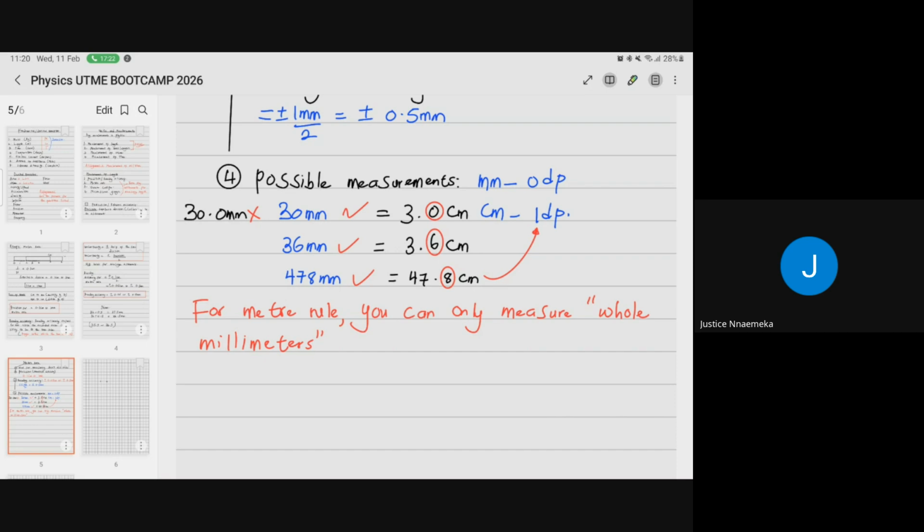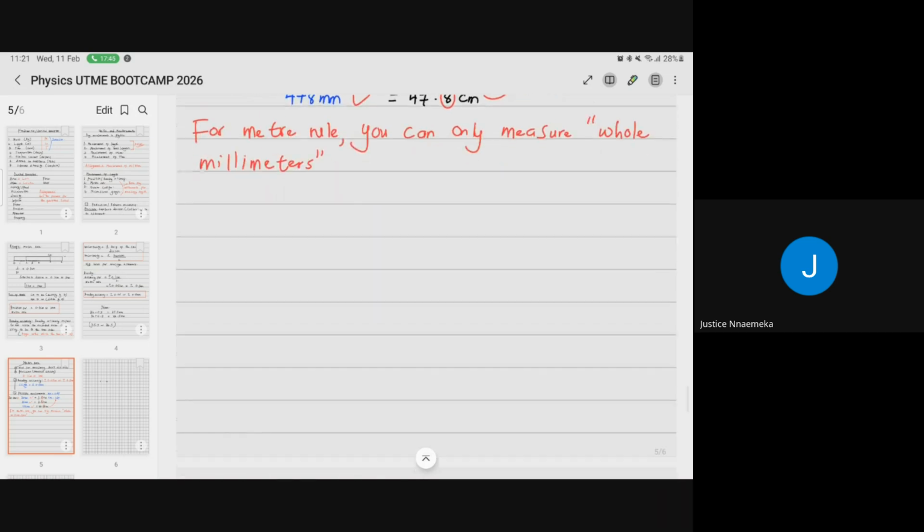Keep your eyes vertically above the scale to avoid error due to parallax. You can also avoid zero error reading. If you didn't start from the 0 reading, you have to avoid that zero error. So these are precautions to take when you're working with a meter rule.